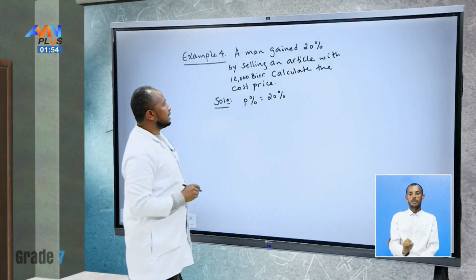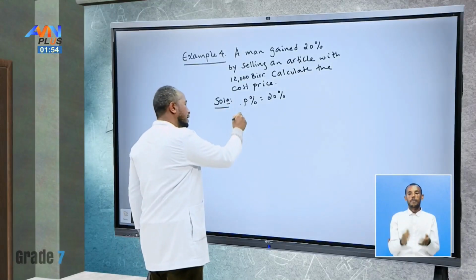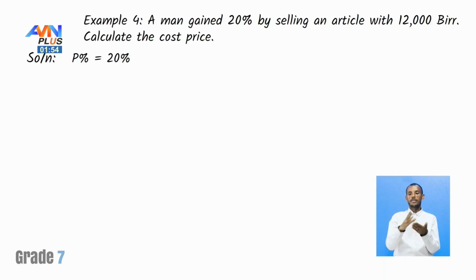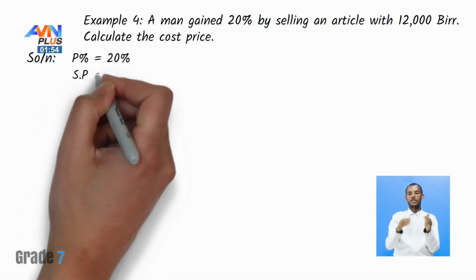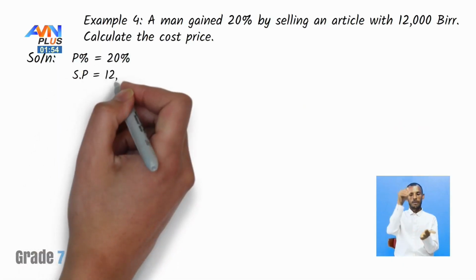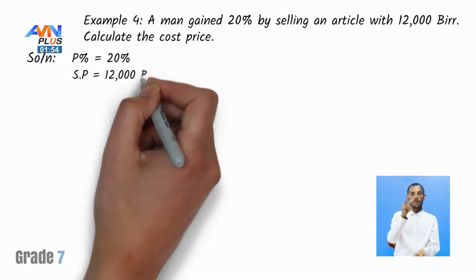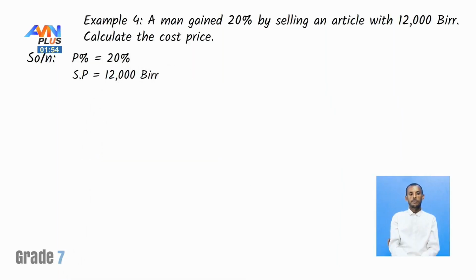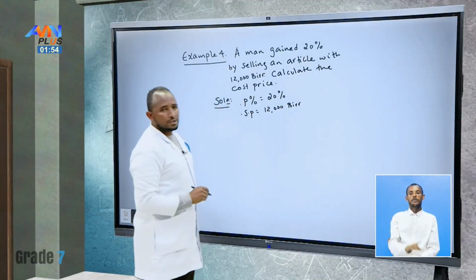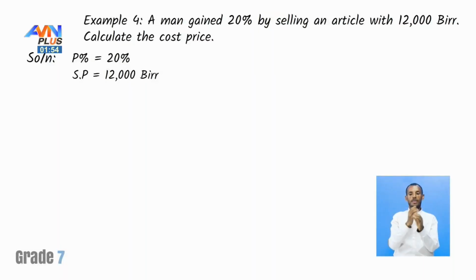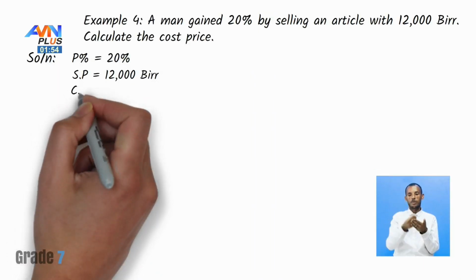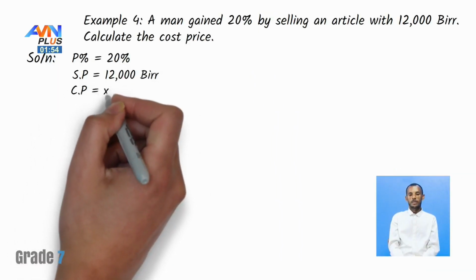By selling an article, again the selling price is given. The selling price is this 12,000 birr. The question is calculate the cost price. Here, the cost price is not known. Let's assume it to be X, and we'll try to find this.